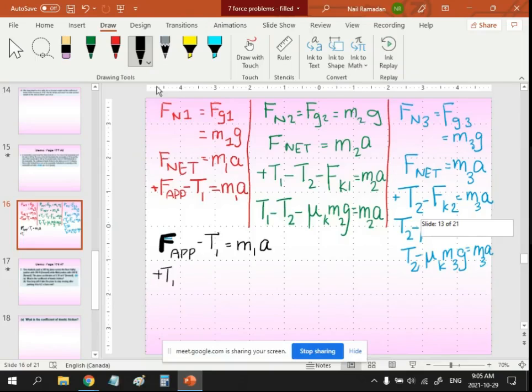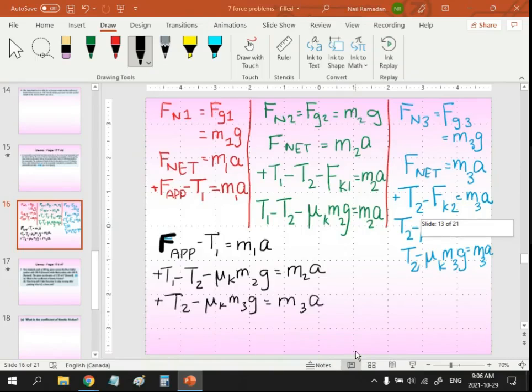I'm just putting the plus to confirm that it's going to cancel itself out. Minus T2 minus mu k M2G equals what? M2A. What's my third equation? Plus T2, subtract my mu k, M3G equals what? M3A.